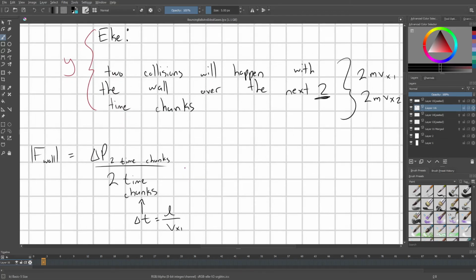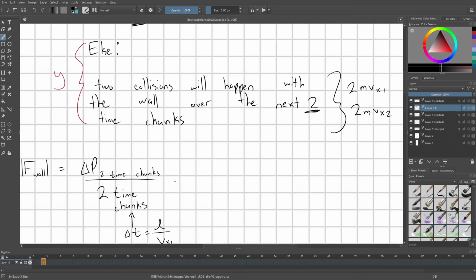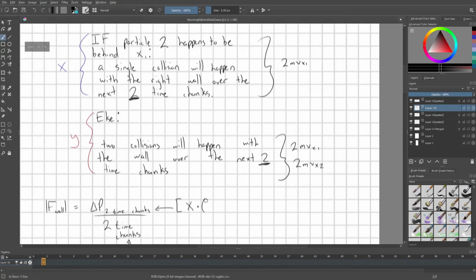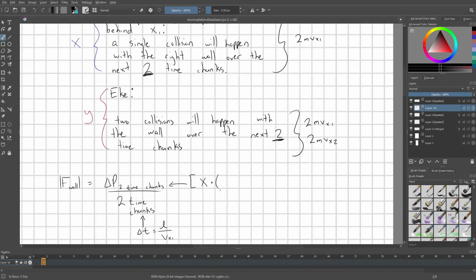And the change in momentum over those 2 time chunks seems random. We have 2 options. X fraction of times, we get the single momentum transfer, 2mvx1.